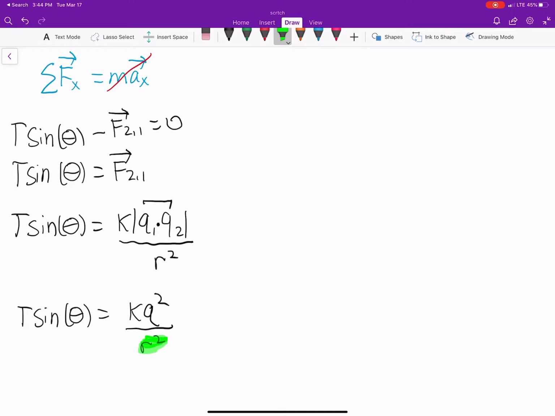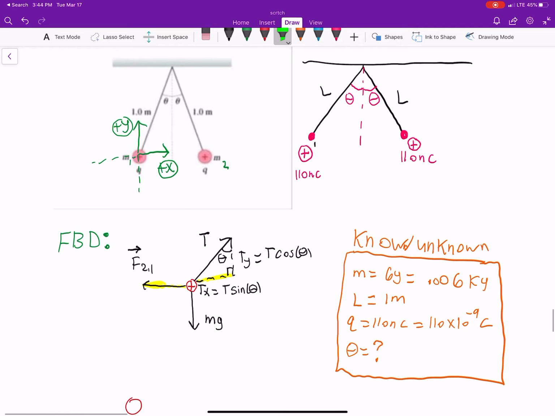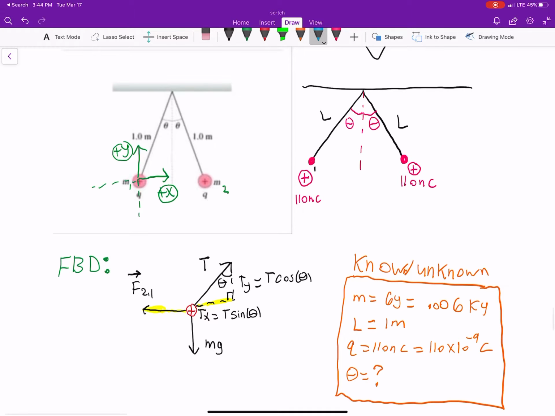What about r squared? Well, let's look at our picture again. R is going to be this distance. This whole length from the first charge to the second is length r. The way I would recommend finding this is to think of this as its own triangle.